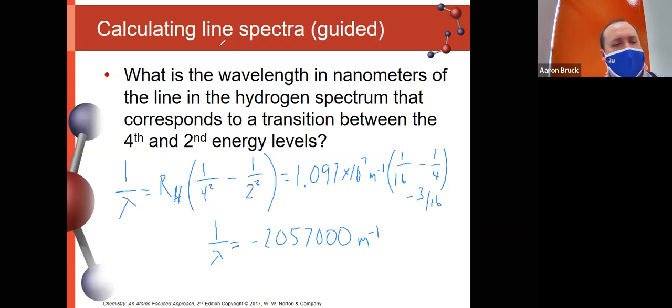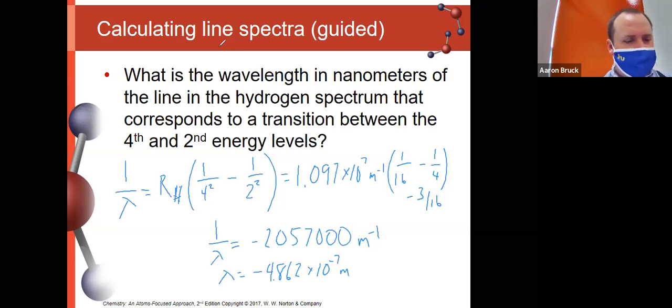To flip this fraction around, you're going to look for the button on your calculator that either says 1 over x or x to the negative 1. That's going to take the reciprocal. That gives me negative 4.862 times 10 to the negative 7th meters.